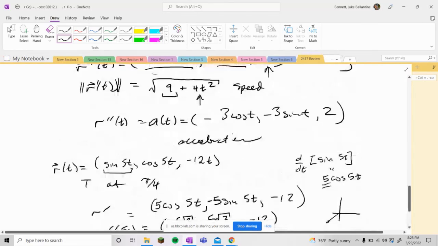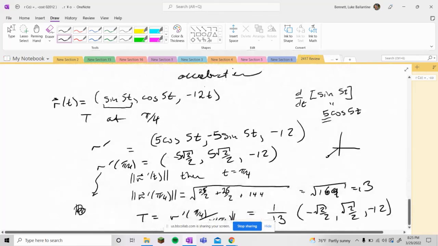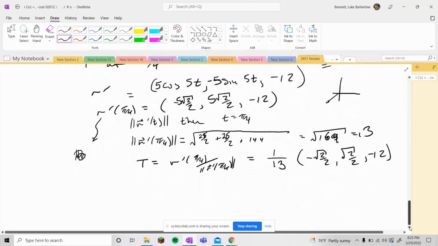So I guess the next step is to find N when we have this r. So N was T prime over magnitude T prime.